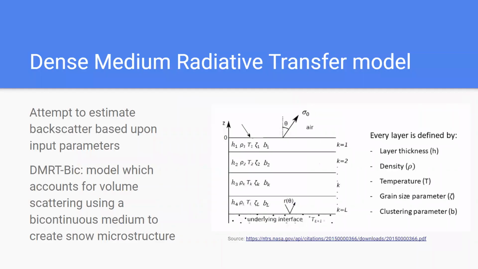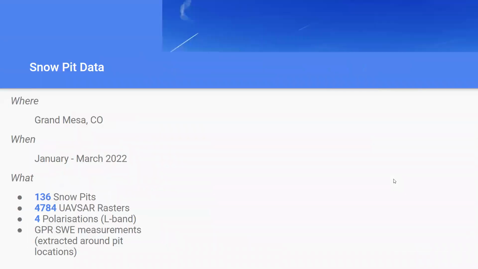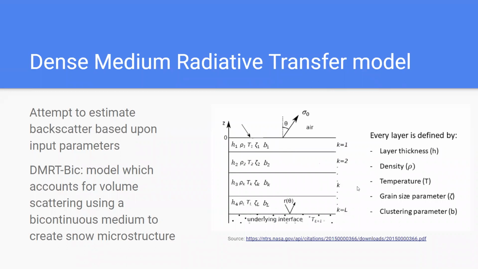So what is DMRT? DMRT is a dense medium radiative transfer model that models the snow microstructure and attempts to estimate the backscatter based upon the input parameters you give it. What are the input parameters? It's based upon a snow pack that is defined into layers, each with a certain layer thickness, density, temperature, grain size parameter, and a clustering parameter.